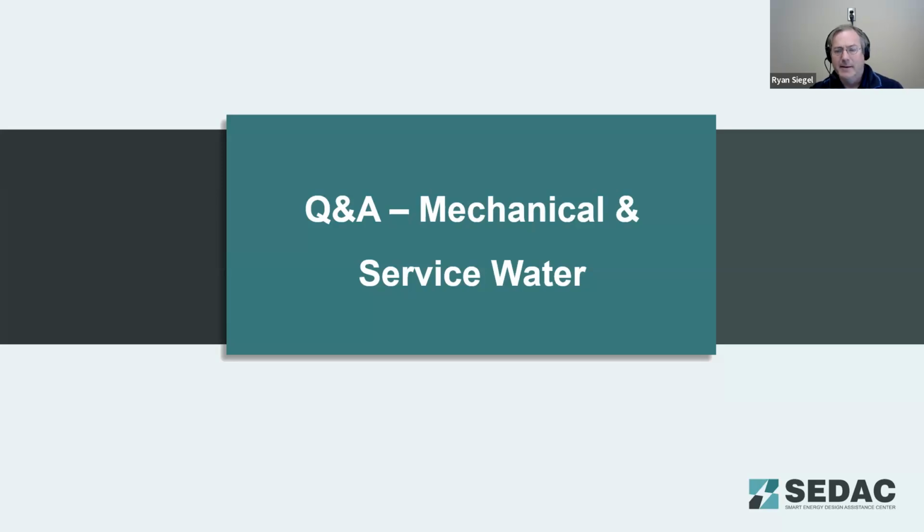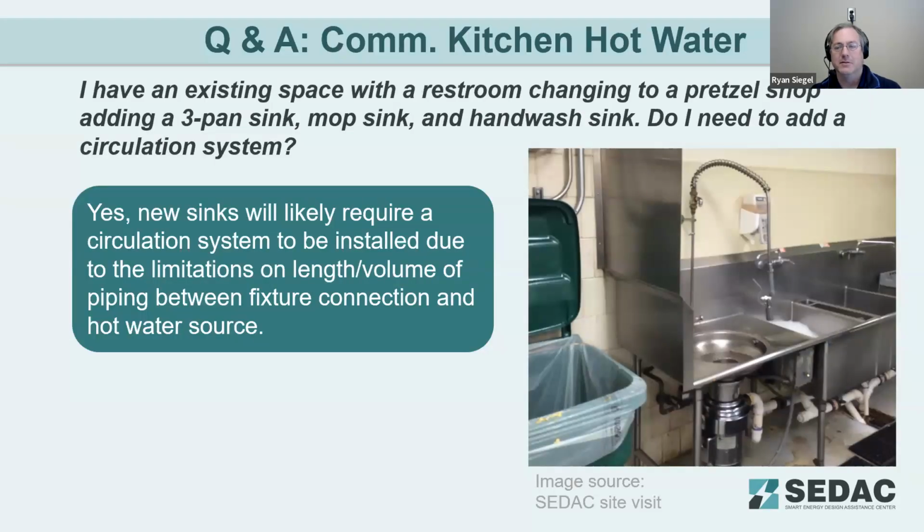So with the mechanical, we're looking at a commercial kitchen for hot water. So we have an existing space, has a restroom, and we're going to be changing to incorporate a pretzel shop. So adding a 3-pan or 3-basin sink, wash, rinse, and sanitize, a mop sink, and a hand washing sink.